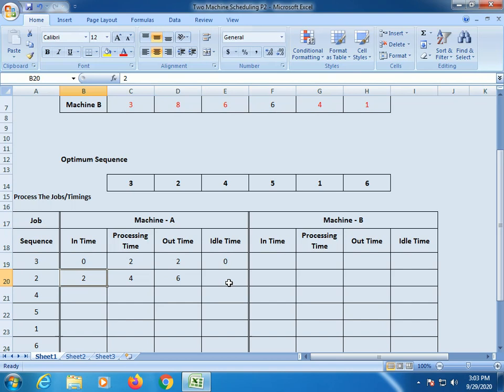There is no gap between the out time and in time of the same machine. That's why we take 0, because this machine didn't wait for the job; after 2 hours we have the next job to process. We need not wait for any job. Job 2 is ready to perform on machine A.